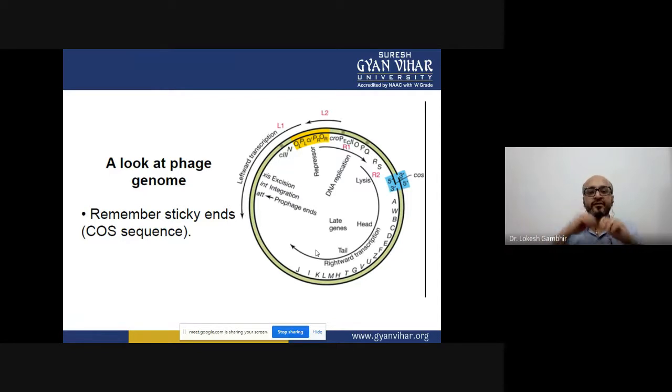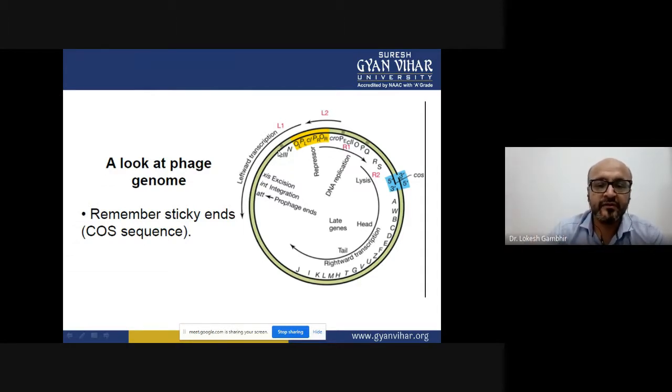So what exactly controls this? When we look at the genome, the complete circular double-stranded DNA, how does this regulation of lytic and lysogenic cycles occur? Before that, we should understand how this genome is distributed.